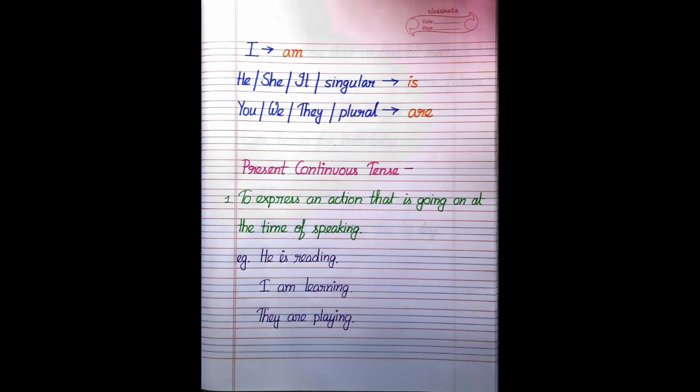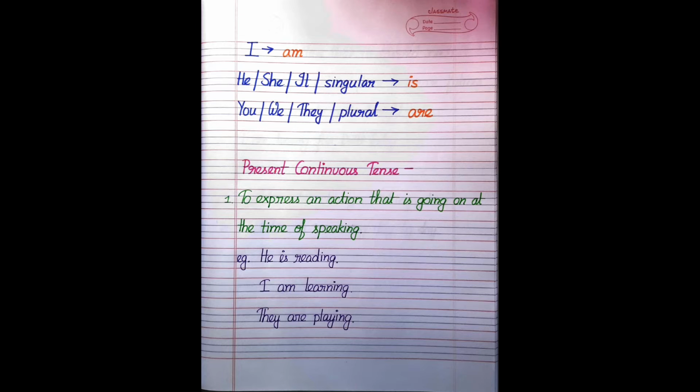When we have he, she, it, or any singular noun, we use is with the subject. But if we have you, we, they, or any plural noun, we use are with it.